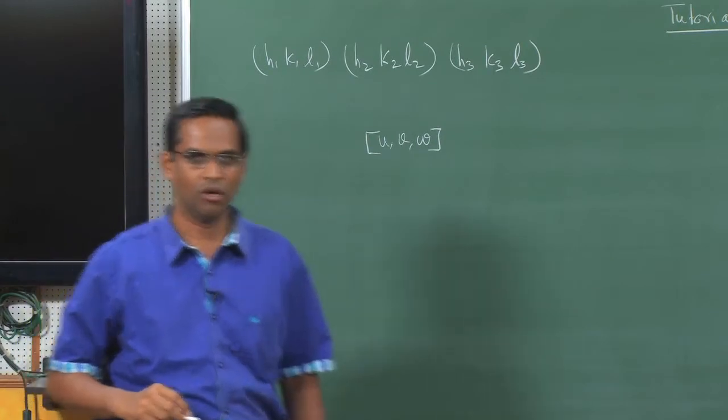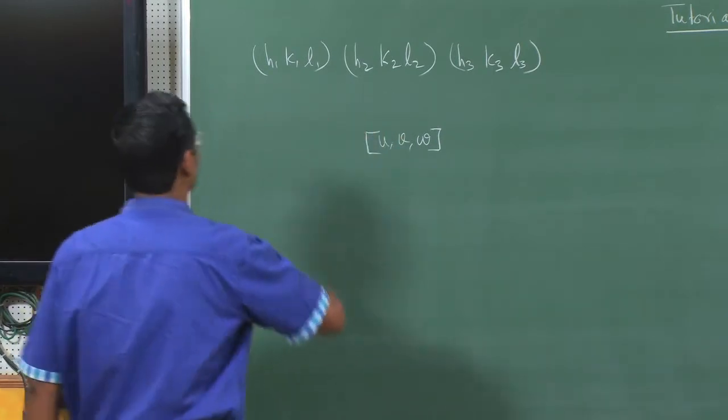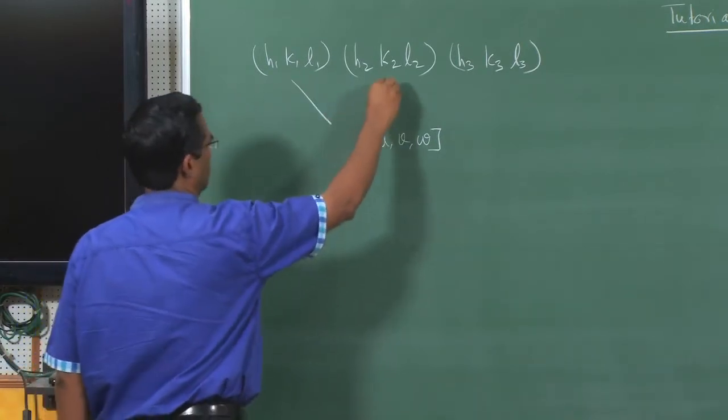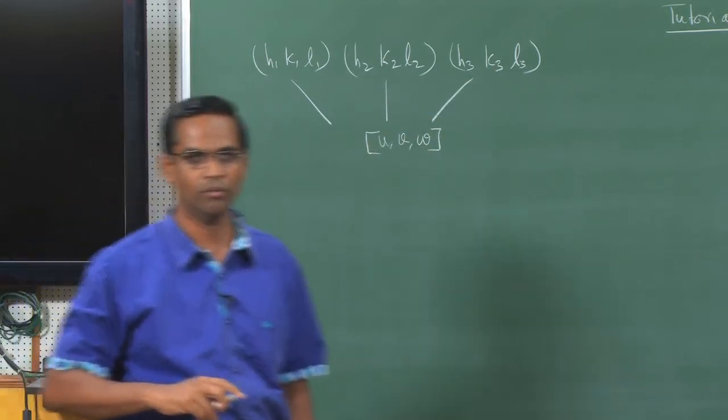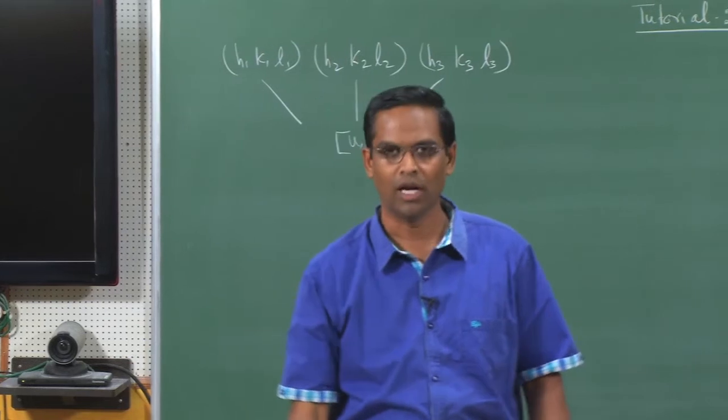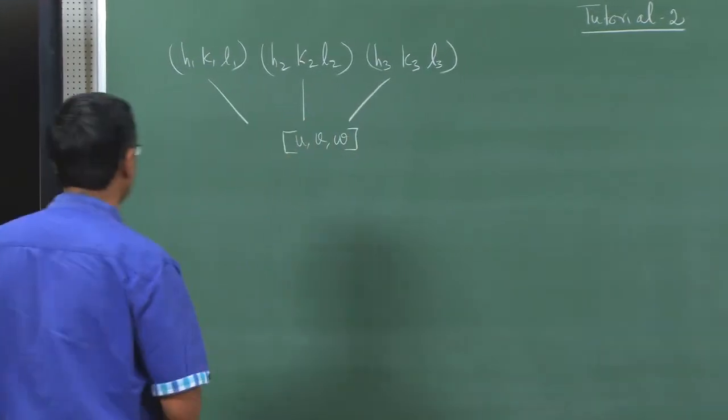In the lectures this is what is shown. All those poles will belong to a particular zone. So you can write something like this.